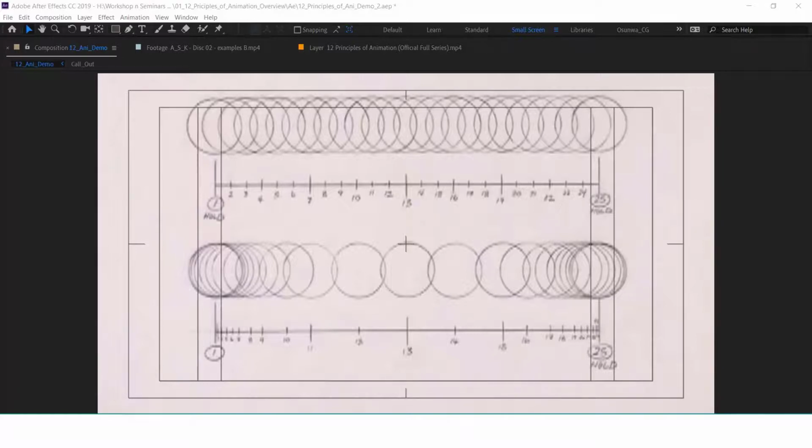Now, the way we arrange the frames, the top one there is arranged evenly. That's at every frame. But the one at the bottom, at the beginning the frames are not too far from each other.